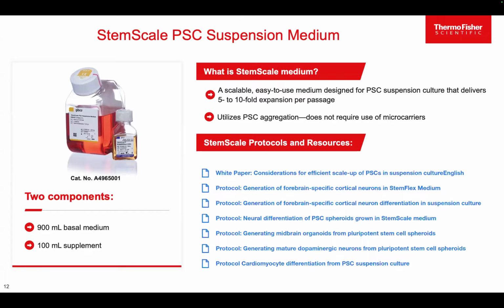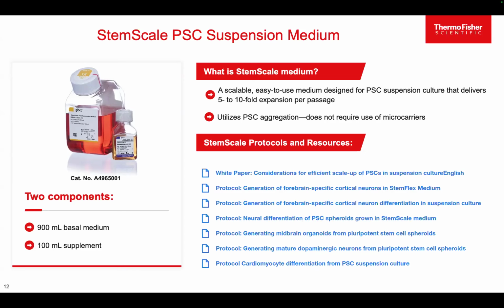Yep, exactly. Okay, let's segue into 3D here a bit. And again, we'll set the stage with suspension medium first. When we're modeling diseases, our pluripotent stem cells are almost invariably differentiated into specific cell types, right? And we do that, as we've talked about in past lectures, with or without gene edits, to help us recapitulate disease-relevant phenotypes.